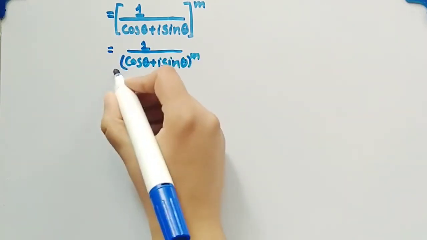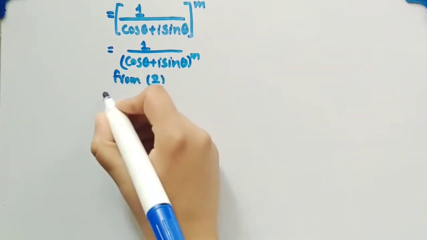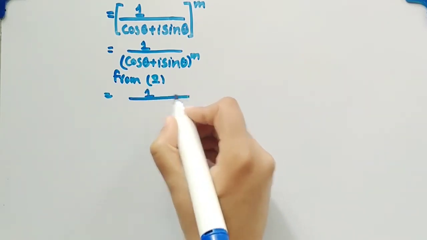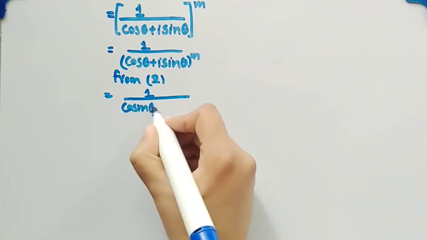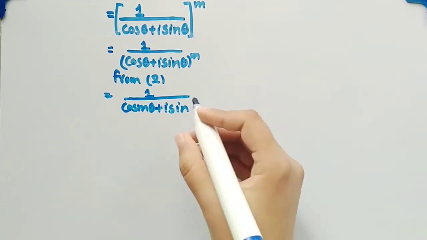From equation 2 we can write it as 1 by cos m theta plus iota sin m theta.